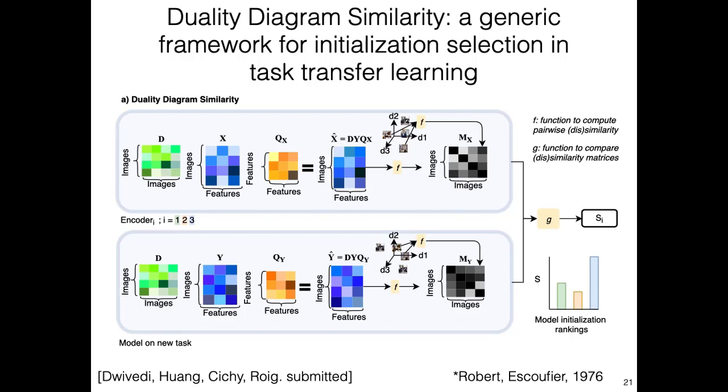So to compare two duality diagrams, the one on the top row and the one on the bottom row that you see here, Robert and Escoffier introduced the RV coefficient. The RV coefficient is a multivariate generalization of the squared Pearson correlation coefficient, which is used in the RSA.